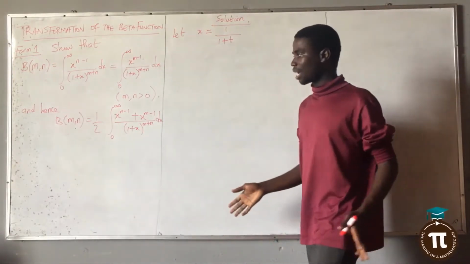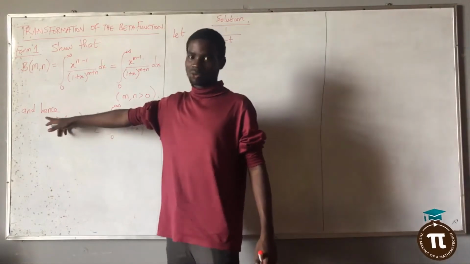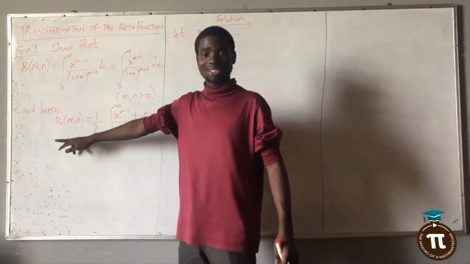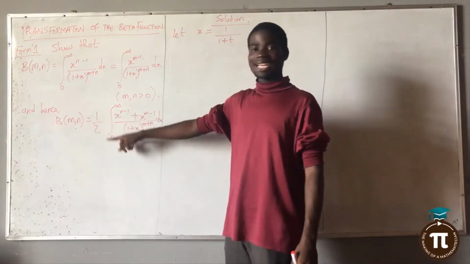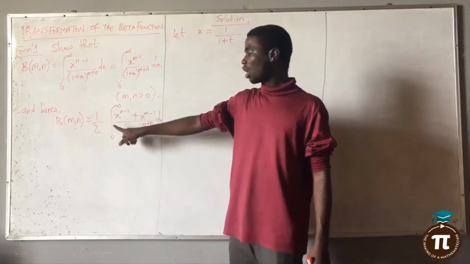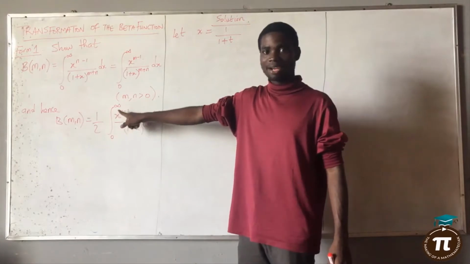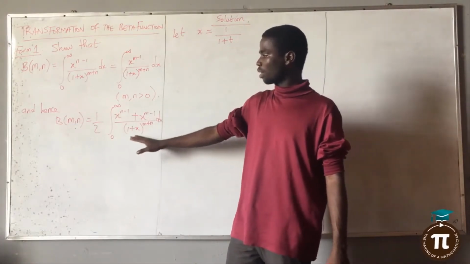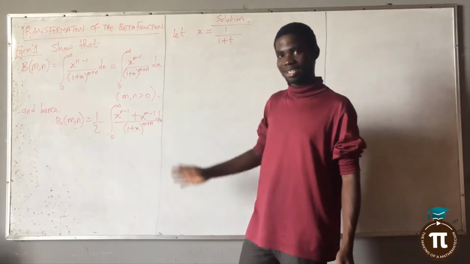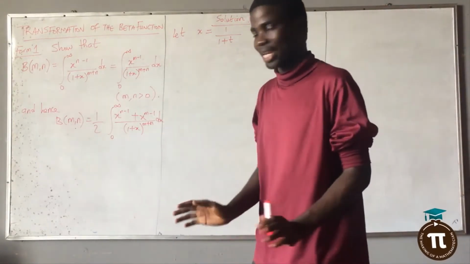And at the end of the day, we are told that otherwise, we should also show that the beta of m comma n is equal to 1 over 2 integral from 0 to infinity of x raised to the power of m minus 1 plus x raised to the power of n minus 1 all over 1 plus x raised to the power of m plus n dx. So now this is what we are going to be doing.